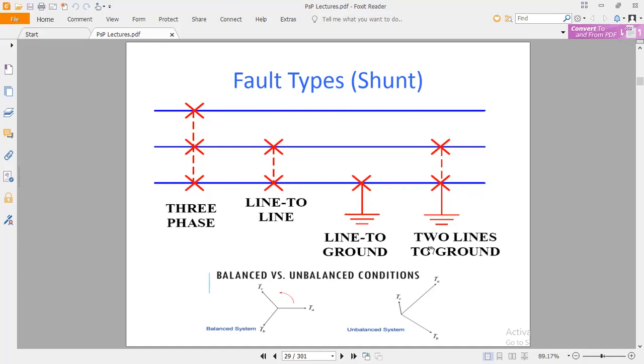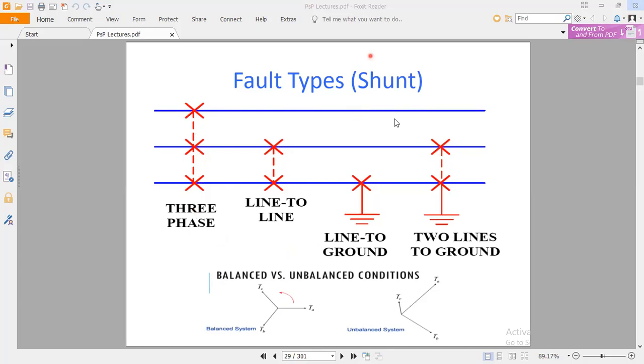From this one to this one is called the unsymmetrical fault, and this other category of fault we call symmetrical fault. Another category of symmetrical fault is that if three lines combine at the same location with each other and then are connected to the ground, that is also known as a symmetrical fault.